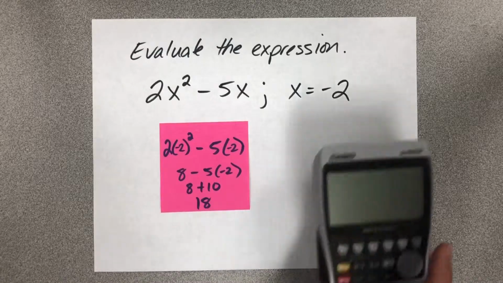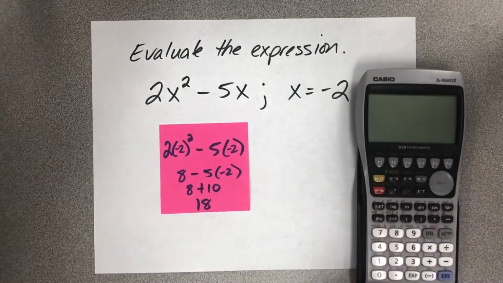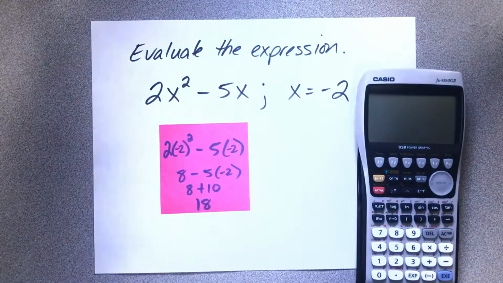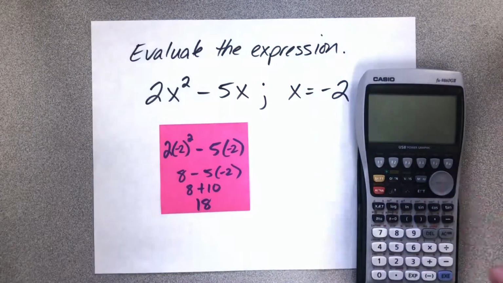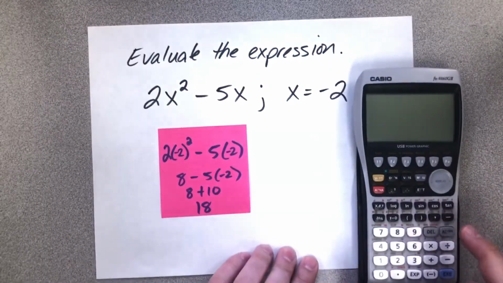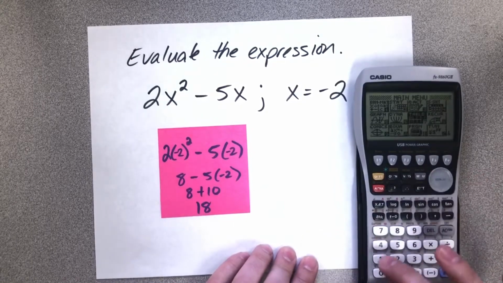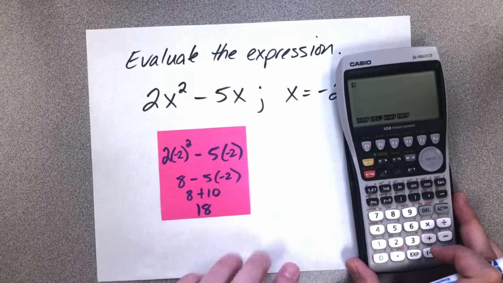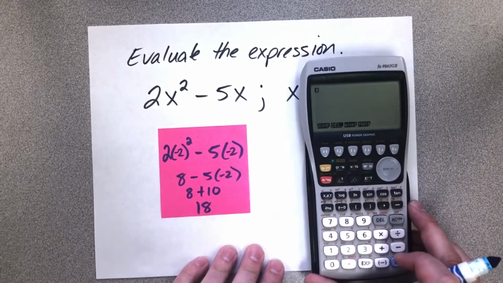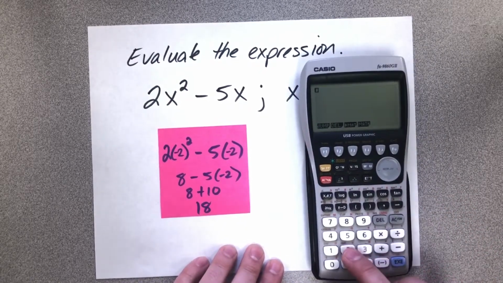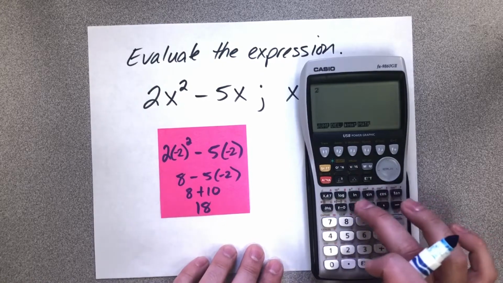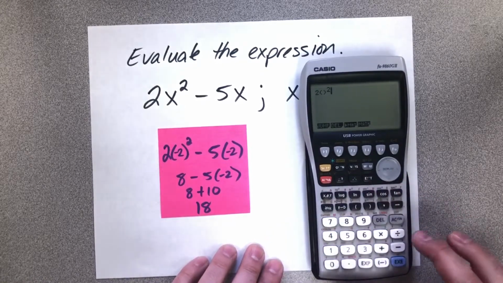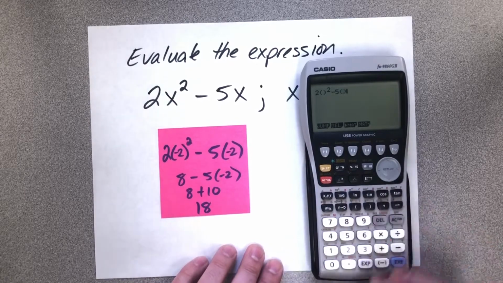I would also like to take a second and show you how you can do this in your calculator. This particular calculator, you are able to input the parentheses just like I did by hand. So in this case, I'm going to go ahead and do the 2, my parentheses where there's a variable, my exponent, minus 5 parentheses.